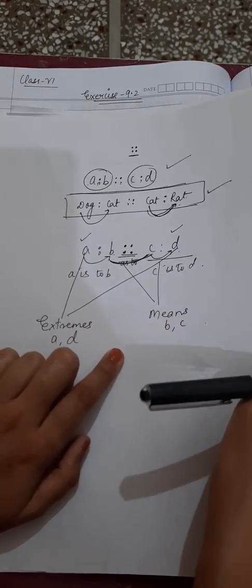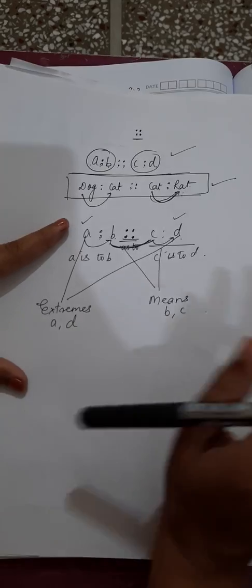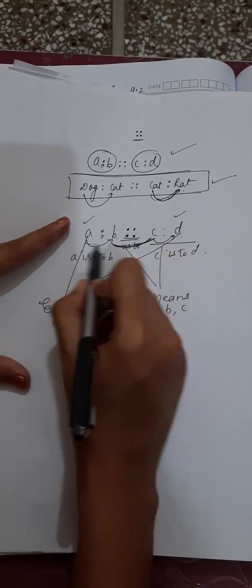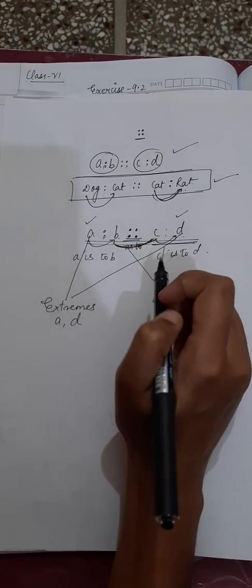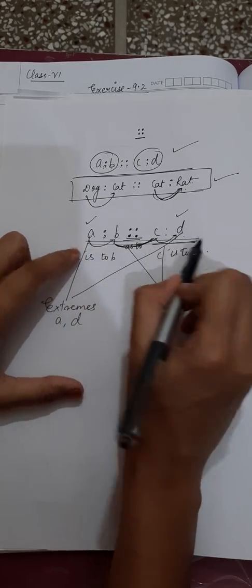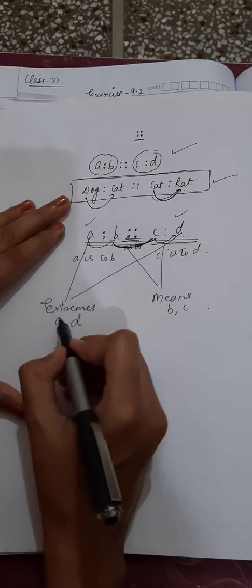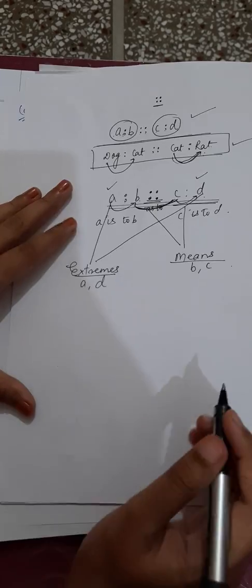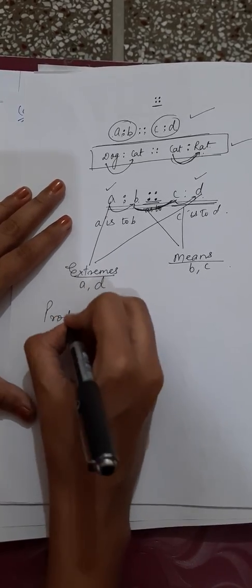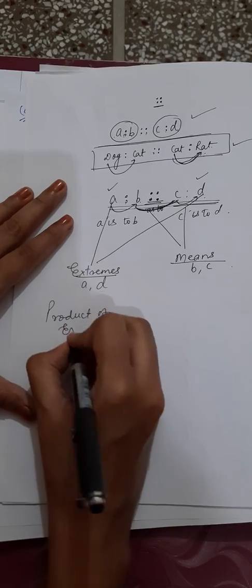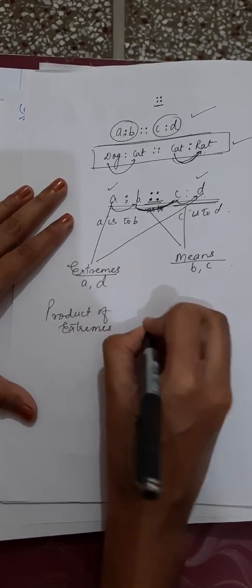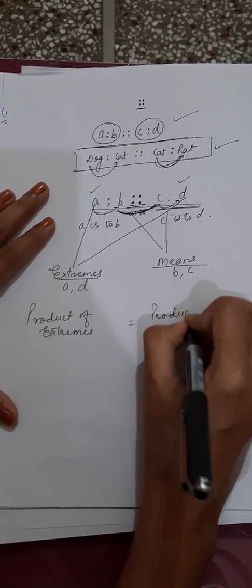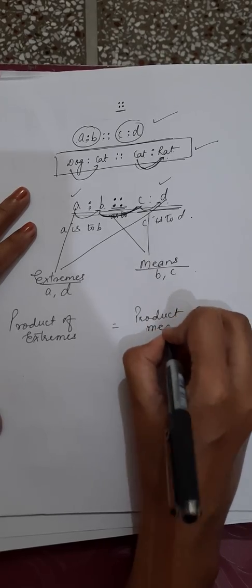Okay. Now there is a formula for proportion. If I have to identify whether these ratios are in proportion or not, I am going to take the product of the extremes and the means. Now see what the formula is. Product of extremes should be equal to product of means.